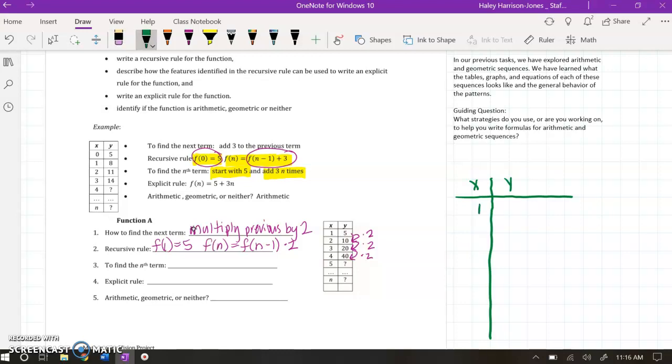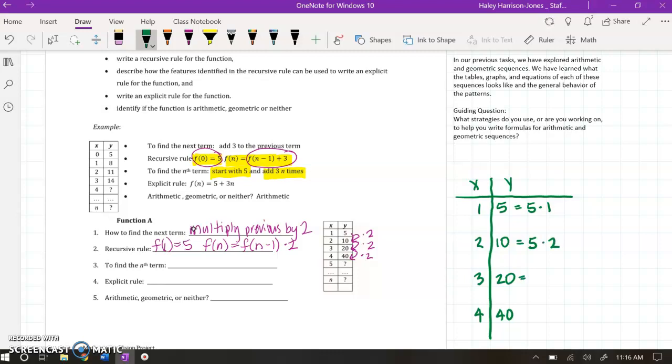And create a little more space. 1 is 5, 2 is 10, 3 is 20, and 4 is 40. Well, I know that I can get to 5 by saying 5 times 1. I can get to 10 by saying 5 times 2.